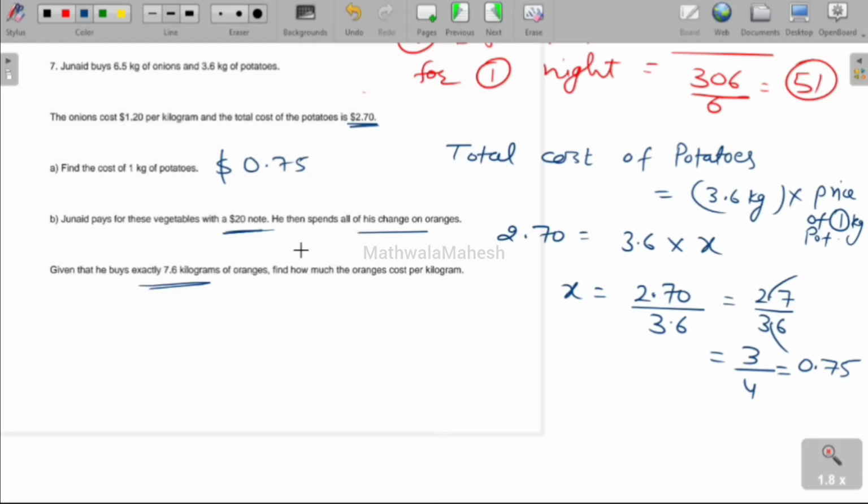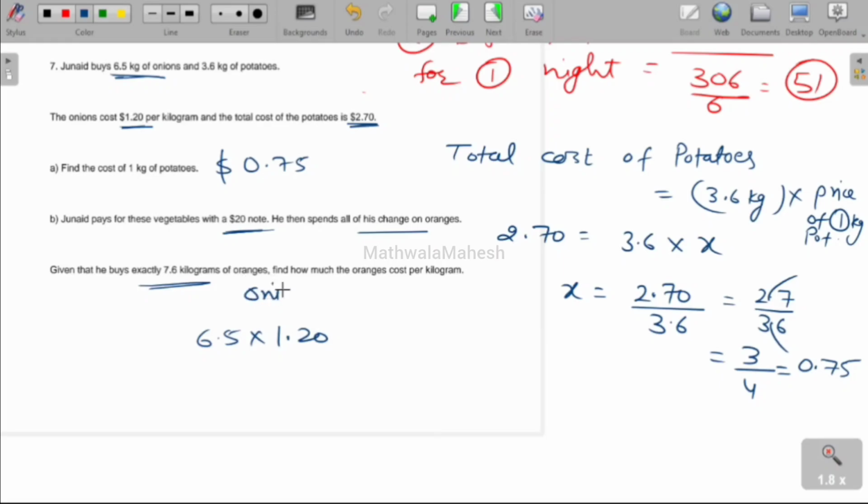Okay, so now we have to find the total cost, which is 6.5 kg of onion, and per kg is 1.20.